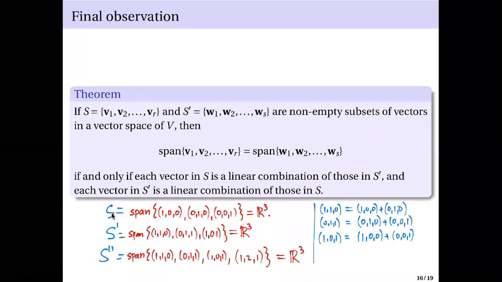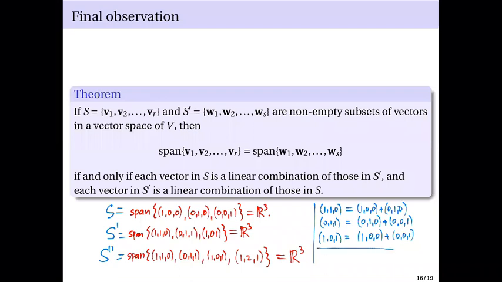Okay? Now, can we write each element of S as a linear combination of this here? Okay? This here. So how do we do this? Let me give you an example. (1, 0, 0).